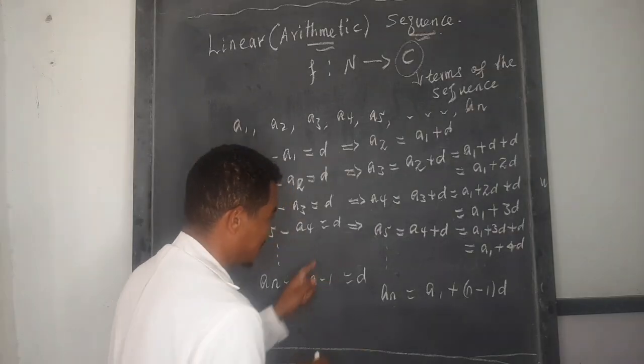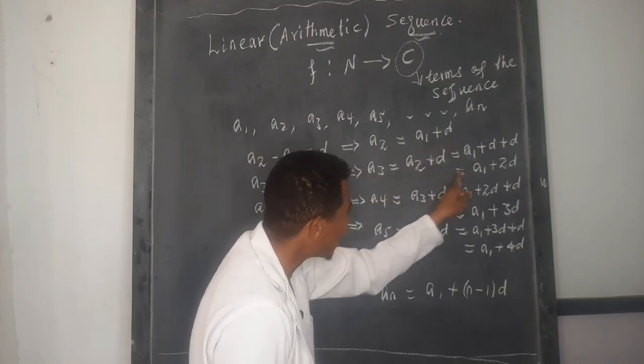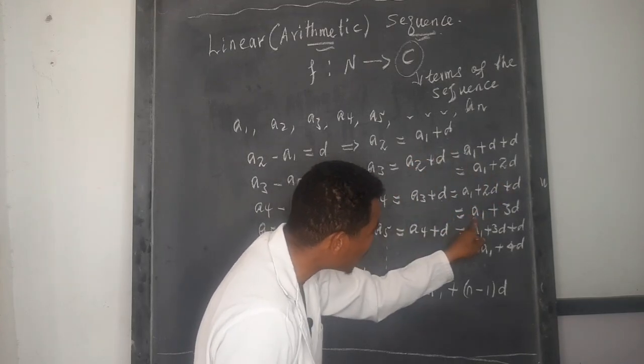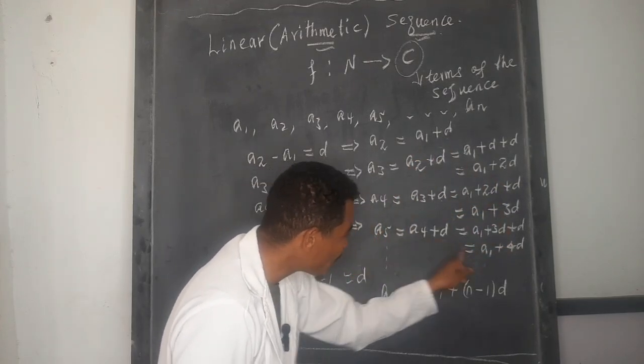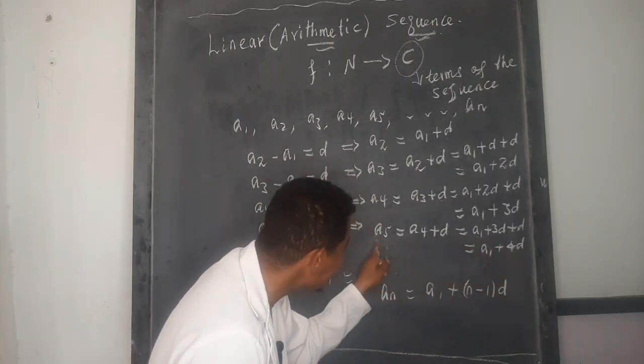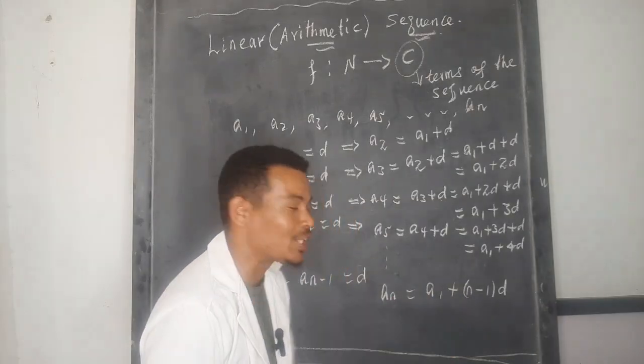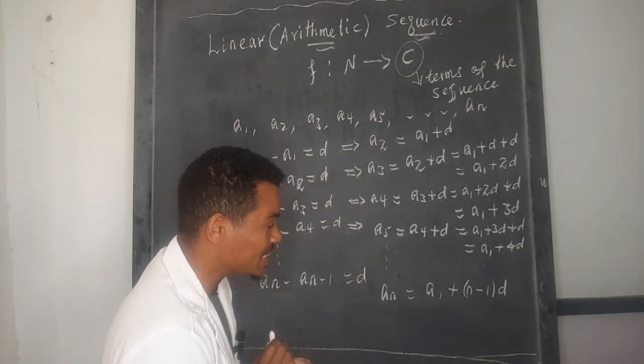So remember this well: a2 is equal to a1 plus d, a3 is a1 plus 2d, a4 is a1 plus 3d, a5 is a1 plus 4d, because when it is 5, it is 4; if it were 6, it would be 5. For n, it is n minus 1 times d.